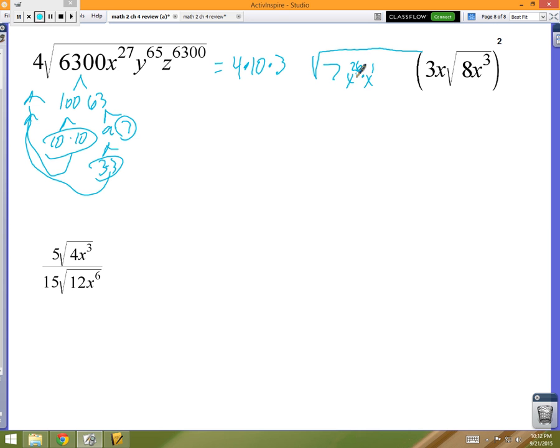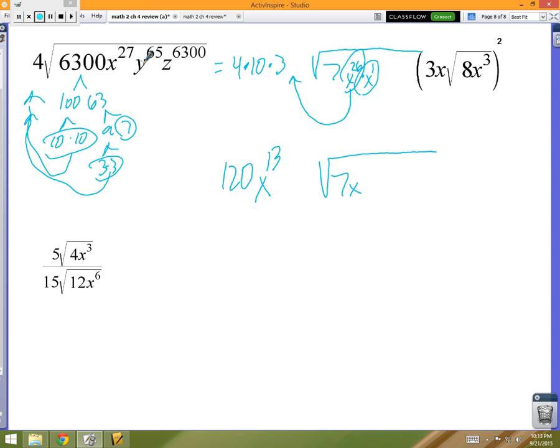So subtract 1 from 27, that's 26, and then 1 left over. If I have 26 x's, that means 13 of them are coming out. So 4 times 10 is 40 times 3. On the outside I got 120, and I'm taking out 13 x's. But I'm leaving in a 7, and I'm leaving in this leftover x.